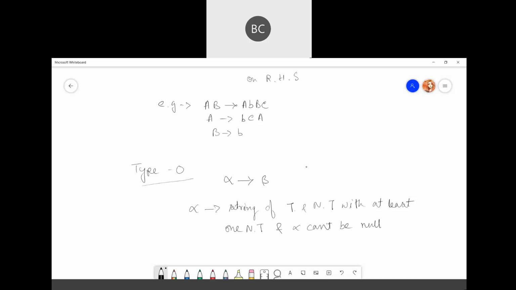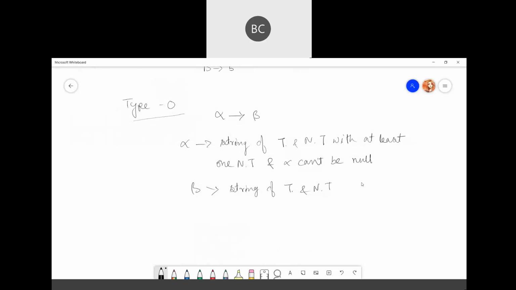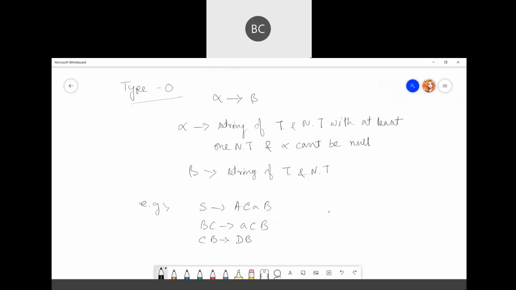Okay, this left hand side can never be null, and beta can be a string of terminal and non-terminal. So example, you can say from S, A, B, B. Just know the example. When you learn about the Turing machine, we'll learn. This is just like review. What are the different types of grammar and what can be the possible structures.